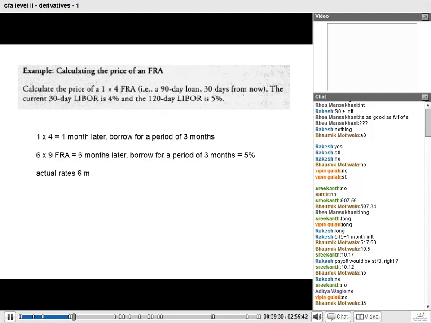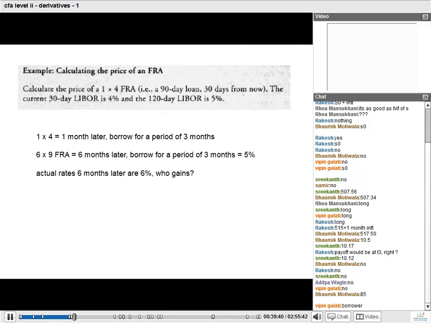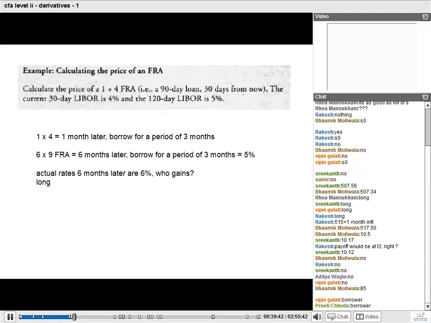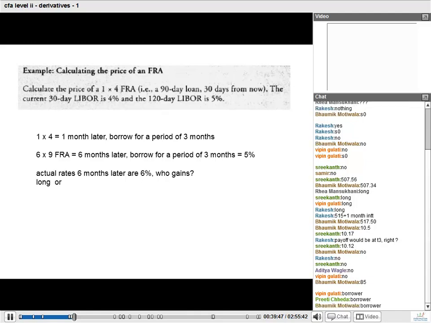Who gains? The borrower or the lender? So the long party, remember, the long party of an FRA is the borrower. Why? Because he is borrowing at 5%. The market rate of borrowing is 6%. So he has interest savings of 1% for a period of 3 months.